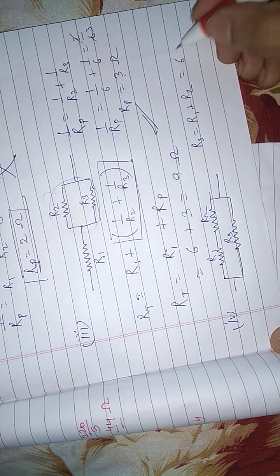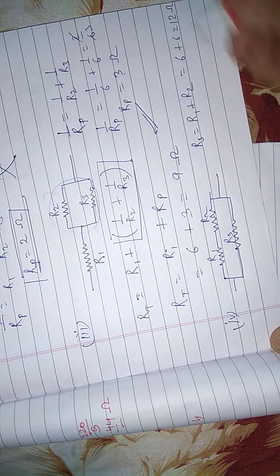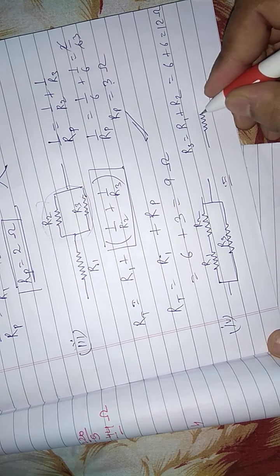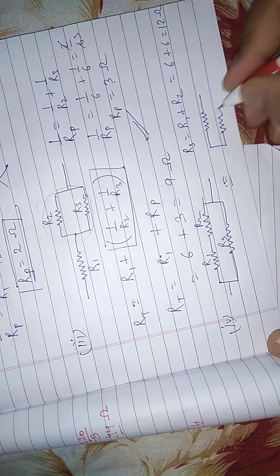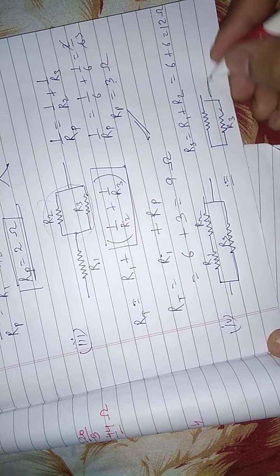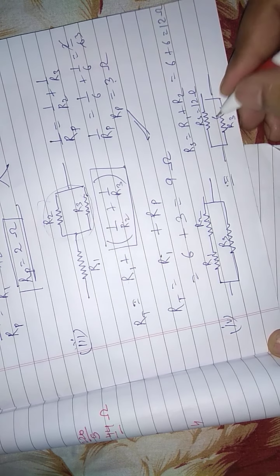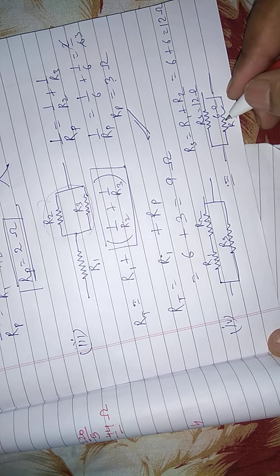So the value will be 6 plus 6 equal to 12 ohm. So the equivalent resistance now will be Rs and R3. Rs equals 12 ohm and R3 is 6 ohm. These two are now in parallel.